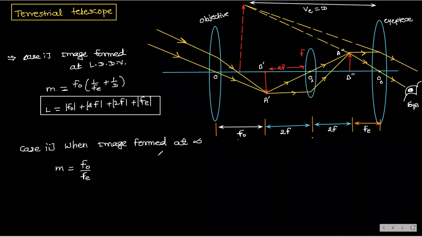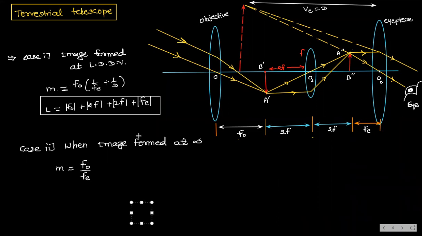When the image is formed at infinity, m is equal to f naught by fe. And one minute, this I have written here for the least distance of distinct vision. Here, just a little change you do: the length of the tube is f naught plus 4f plus d into fe divided by d plus fe.